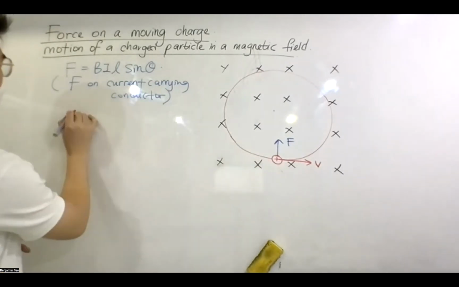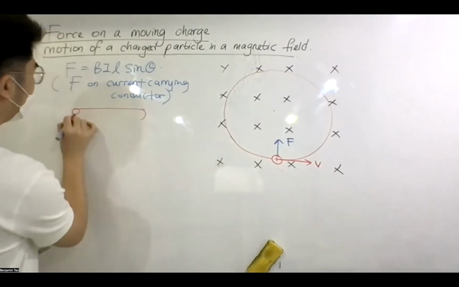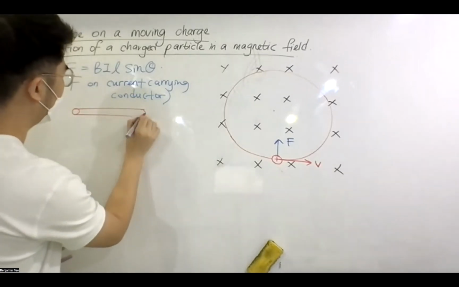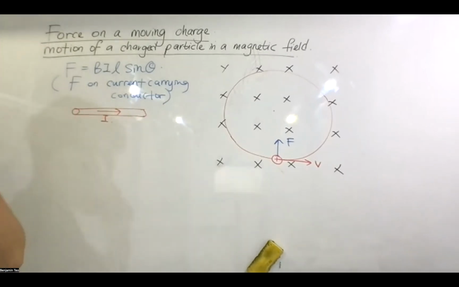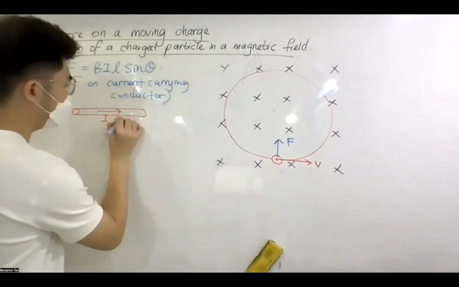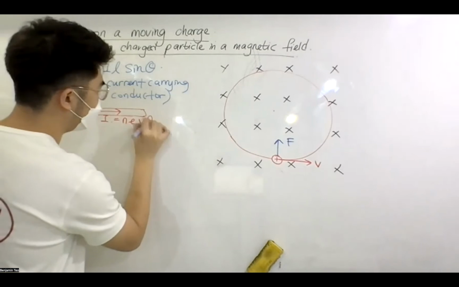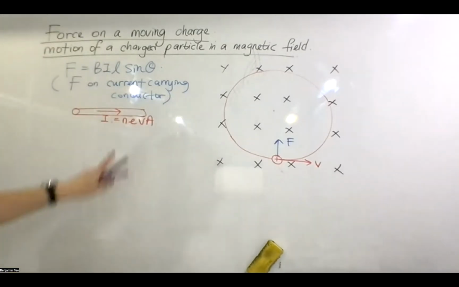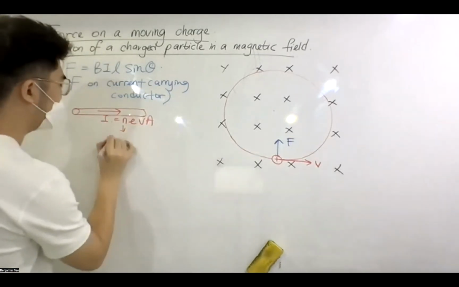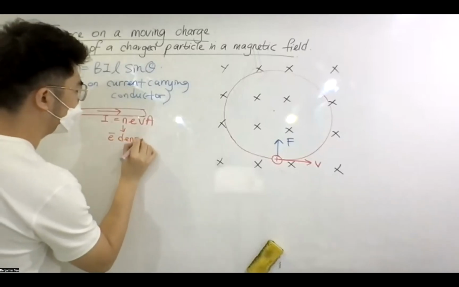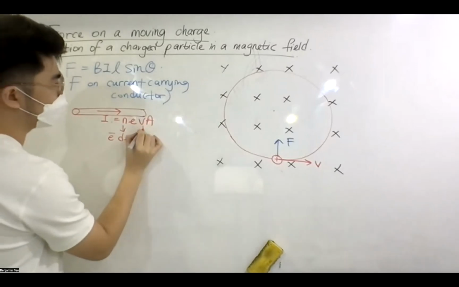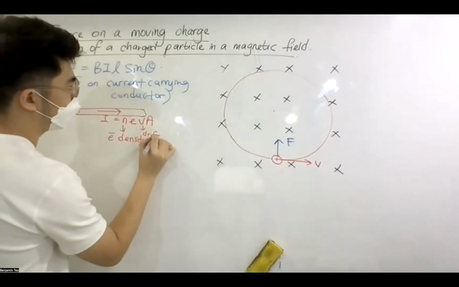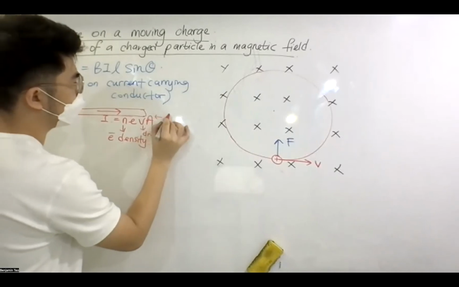You have learned the drift velocity equation. Let's say this is the wire, and you have current I flowing. Current can also be expressed as nevA. This is electron density, this is charge, this is drift velocity, and this is cross-section area.